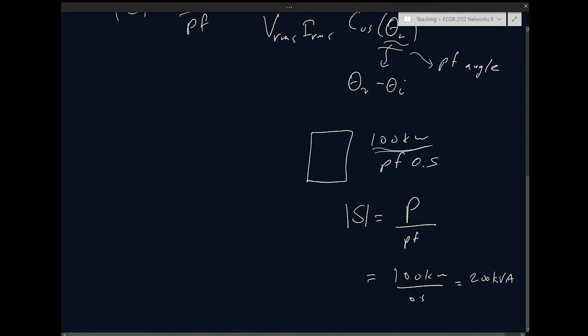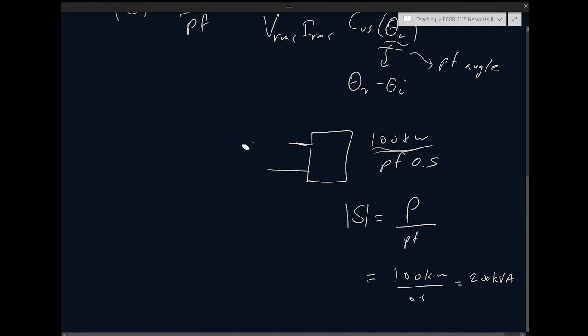Okay? So that means although you are consuming only 100 kilowatts, you are consuming 200 kVA apparent power. Why is that important? Well, if the source is right next to your supply and there's limited impedance in between, that's not important.